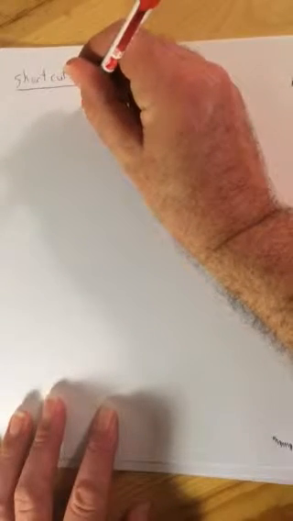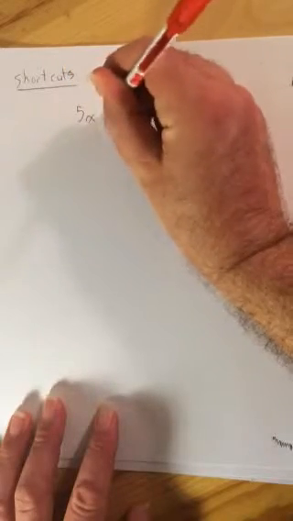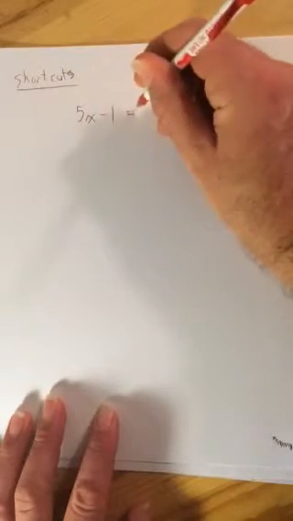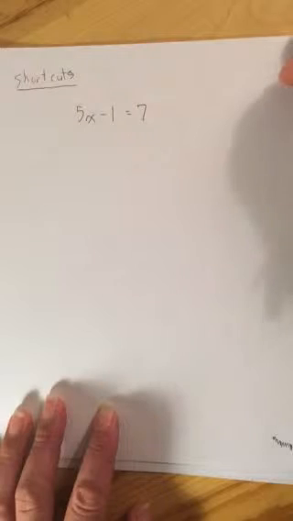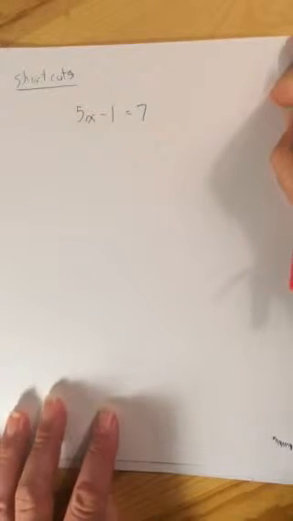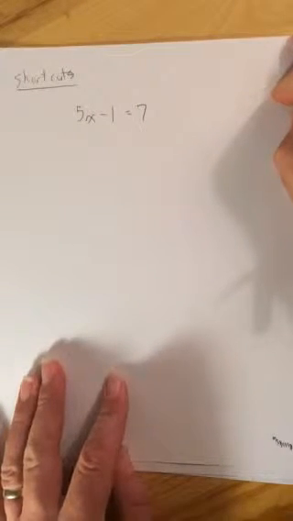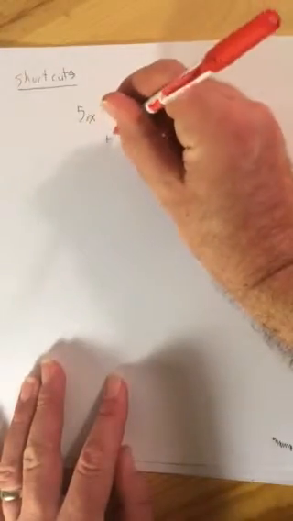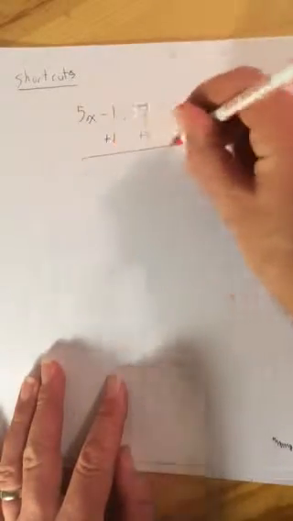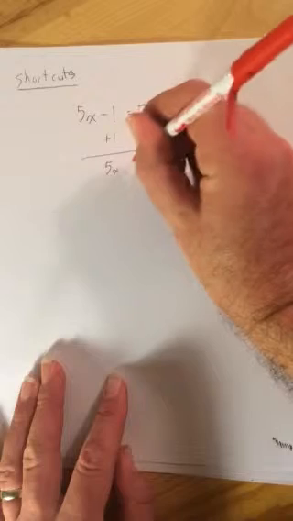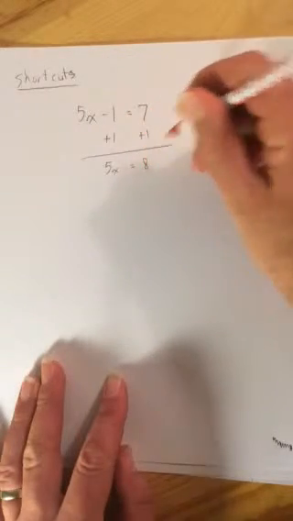First thing is if I'm adding or subtracting something from both sides. So let's say I got an equation like 5x minus 1 equal to 7. Now, of course, what I need to do to get that 1 on the other side is to add it to both sides, right? So if I add 1 and add 1, what I've got over here is 5x, and what I've got over here is 8.